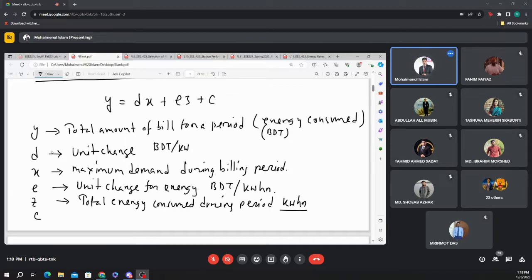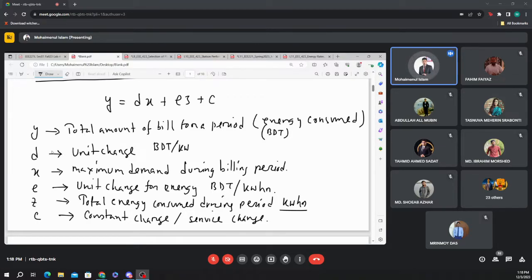And the C, that is your constant, that means service charge, okay? We can say constant charge or service charge. So you see, you are considering three types of things.